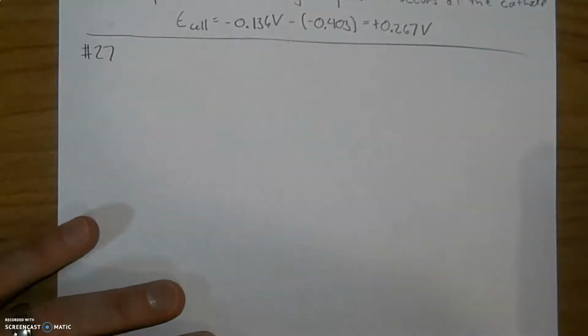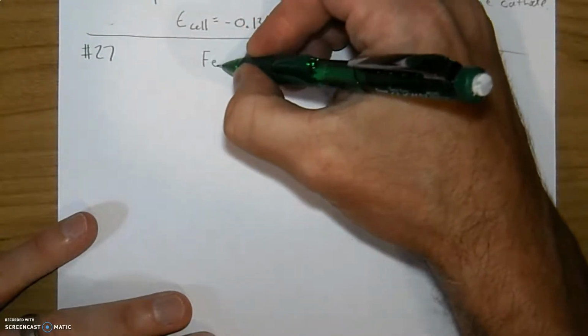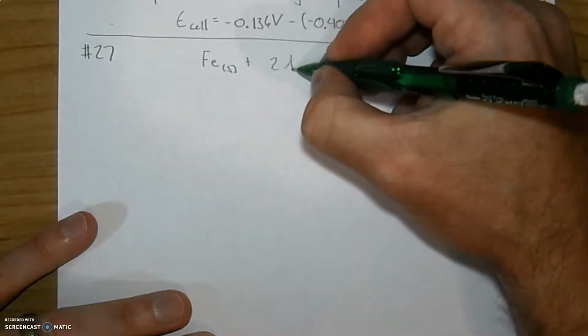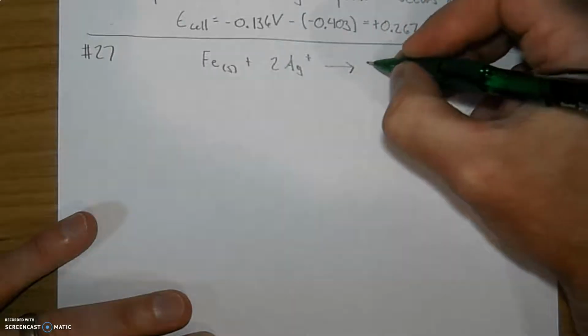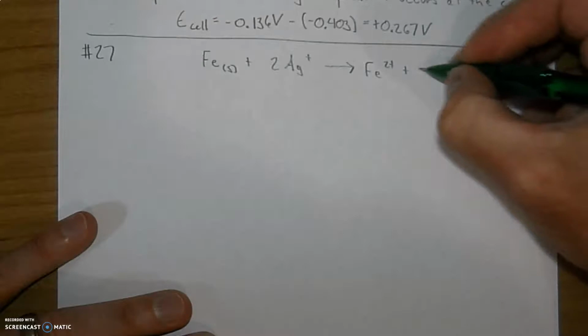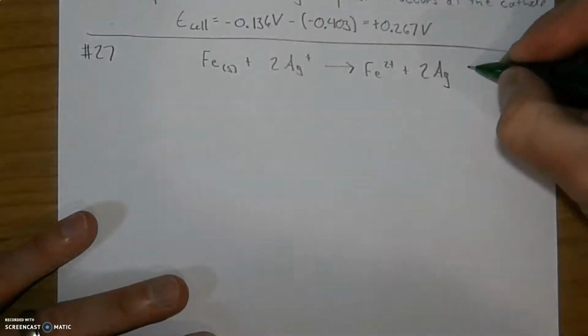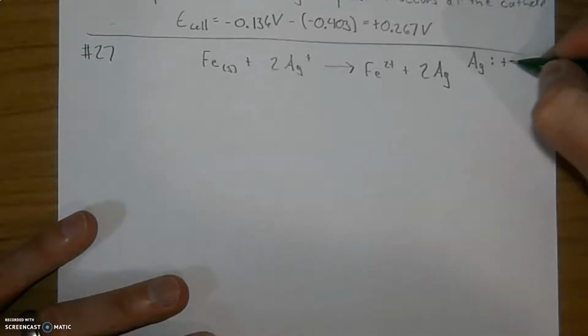Okay, for this problem, we're given a drawing and an equation. The equation happens to be iron solid plus some silver ions reacts and produces some iron ions and some silver metal. And if I look in the back of the book, the reduction potentials for silver are positive 0.80.